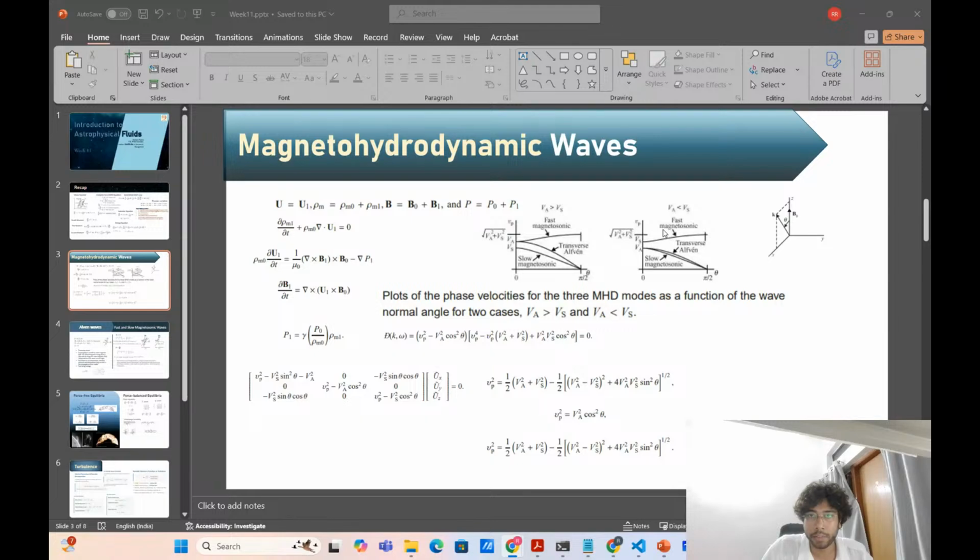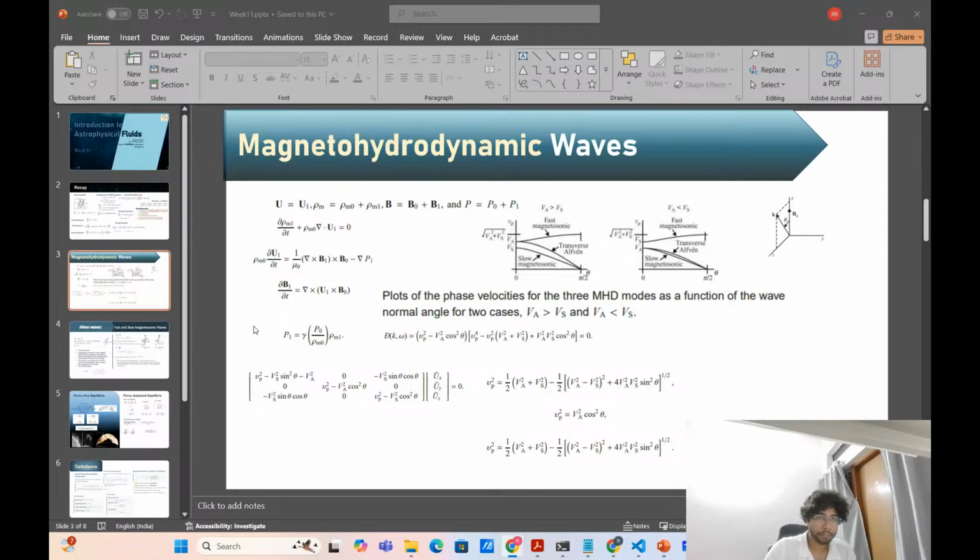And this one will give the fast magnetosonic wave solution. Okay, so I hope that's clear. There is just a typo over here. So this one will be plus, one solution is minus, one solution is plus, which we can get directly from here. Right. So these are the three waves that are getting generated for magnetohydrodynamic waves.